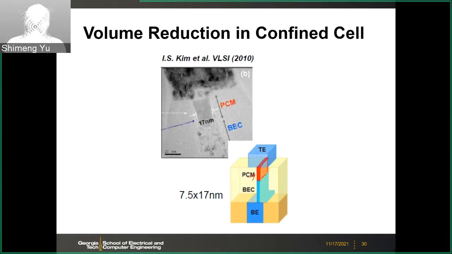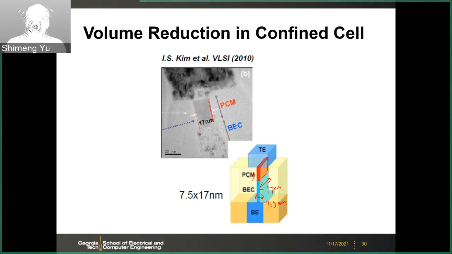So it's confined in this, and also this is the image from the microscope. I believe this side is like 17 nanometer. The other side is only 7.5 nanometer. And the height, you can see this part is also probably only like 20 nanometer.